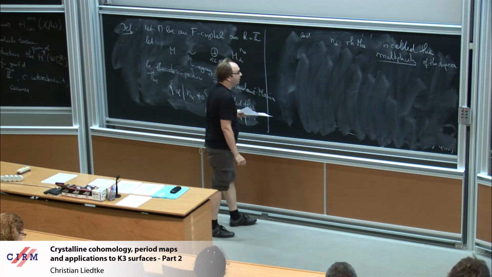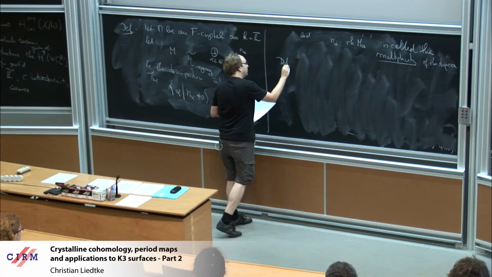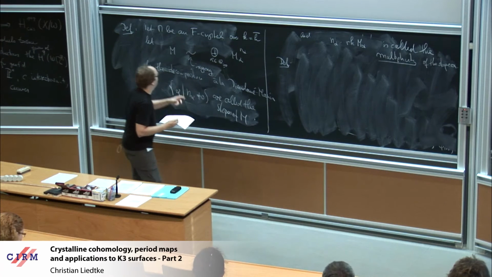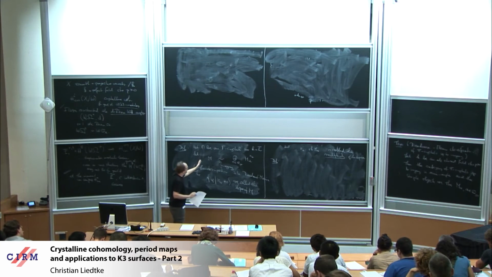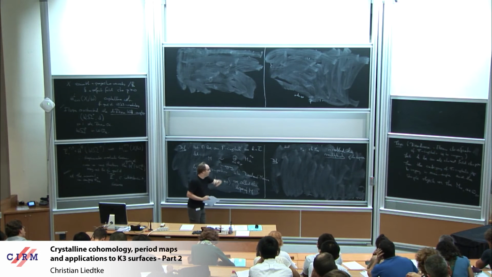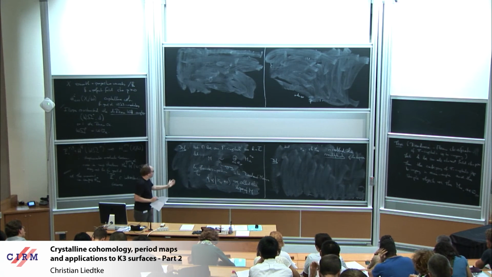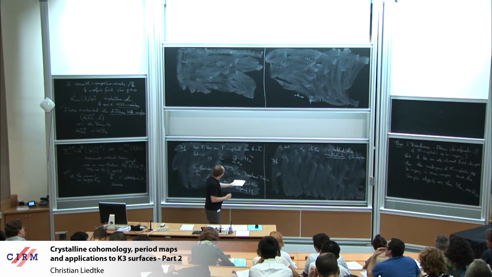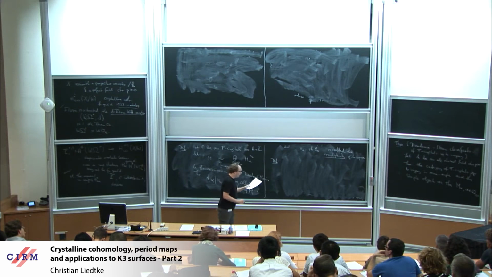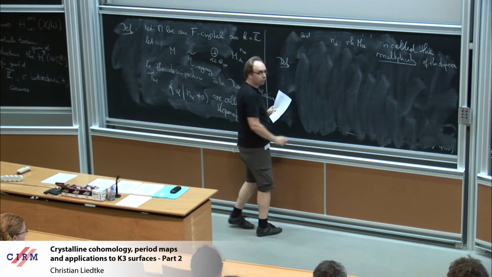Now, the next thing that you do, so I'm starting now from an F crystal, for example, coming from crystalline cohomology. I look at the decomposition up to isogeny. And then I get these slopes. And then out of that, I construct two polygons.